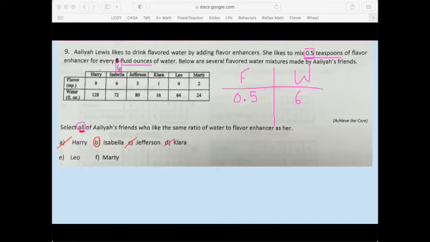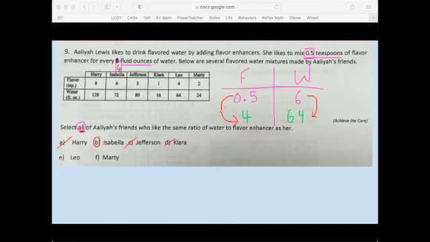But anyways, I already did Kiara also, my bad. Let's take a look at Leo. All right, so the ratio of flavor to water that Leo has is 4/64. That means every time Leo puts in 4 teaspoons of the powdered flavor, he has to have 64 fluid ounces of water. So half times what will get me 4?